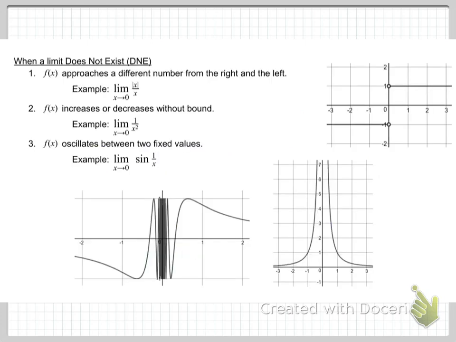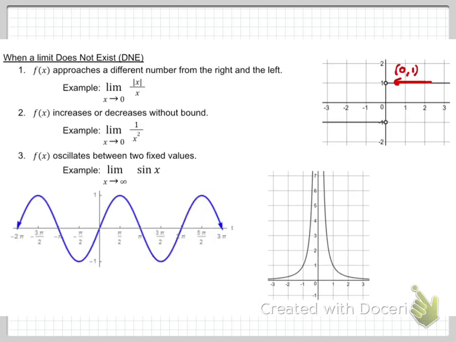All right, let's talk about times when the limit doesn't exist, because there are times when the limit will not exist. For the first function here, these are example functions, okay? These 3 rules are very general, okay? So here, notice our first function is one of the parent functions you should have had memorized. Part of the reason this is important in calculus is because this is an example of a function where the limit does not exist at a certain point.